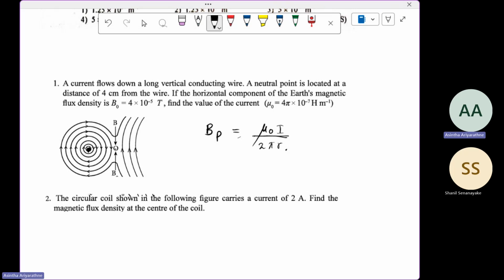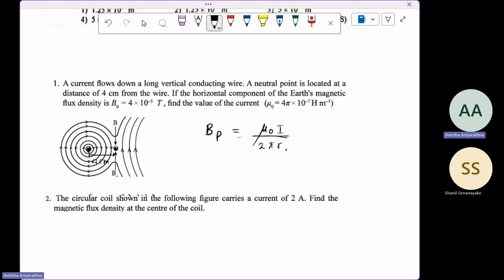So we want to focus on this point at 4 cm. They say at 4 cm distance from the current carrying conductor, a neutral point is located. Neutral point means having zero magnetic field.